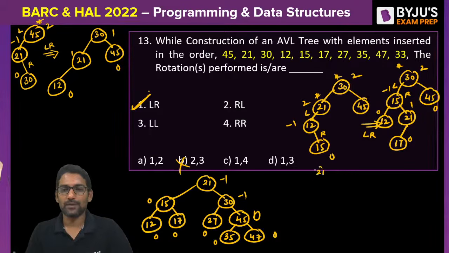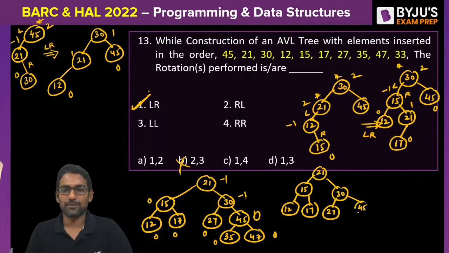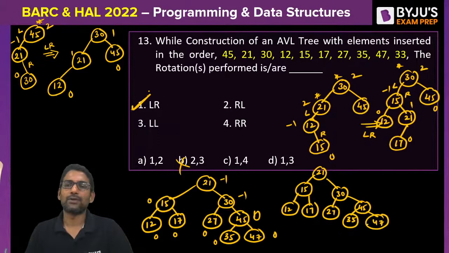So 21, 15, 12, 17, 30, 27, 45, 35, 47. We want to insert 33, as left to 35 you insert.